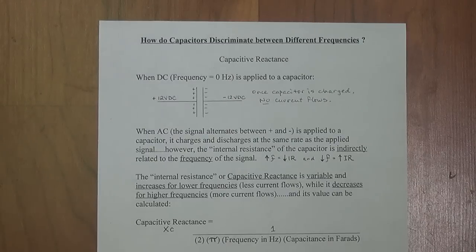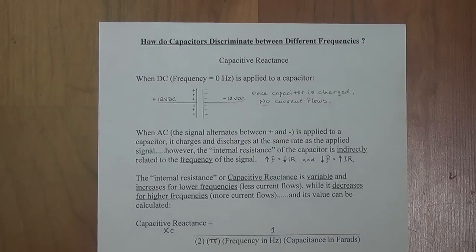Not really. Actually, it's much simpler than that. This discrimination is based upon an effect called capacitive reactance. It's nice to know the terms, but to understand this, you don't even need to remember that term. Just remember what it means.